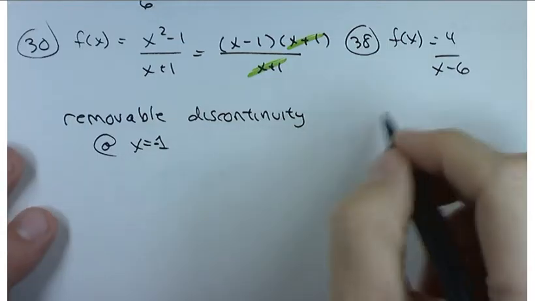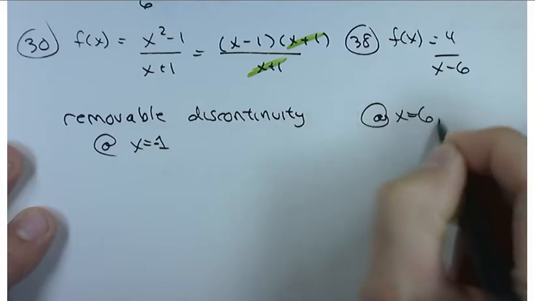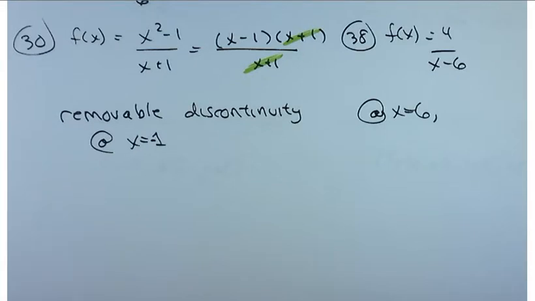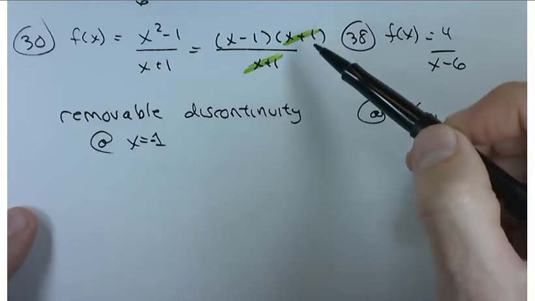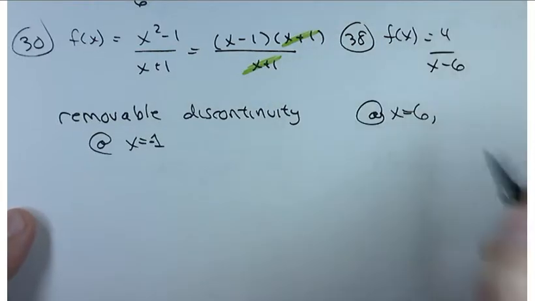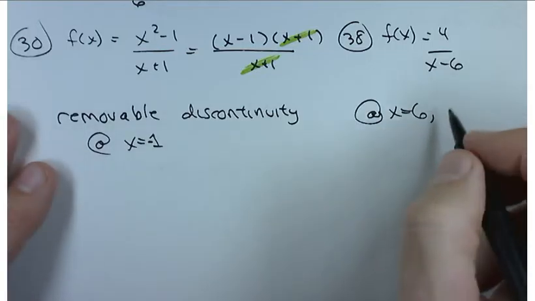So at x equals 6, what kind of discontinuity is that going to be? Removable or non-removable? Non. A removable discontinuity is going to have something that's going to cancel out with it, effectively making it irrelevant. So this one's going to be a non-removable discontinuity.